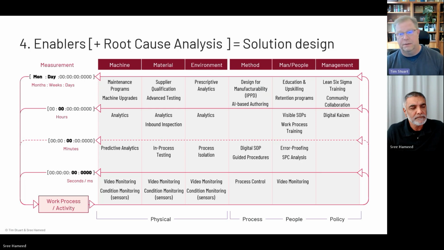Putting in a Lean Six Sigma program if you don't have one, or making it more endemic throughout the organization is something that's going to be very valuable in the long term. And then just creating a collaboration within the organization and building that sense of community so that people really do work together hand in hand between engineering and maintenance and production to really drive that improved quality.